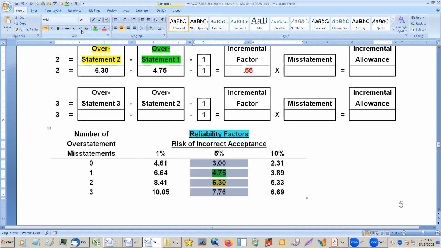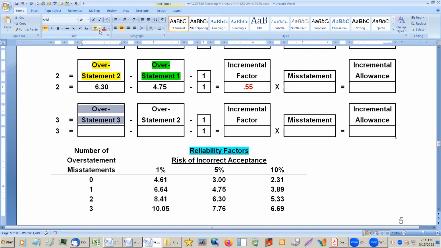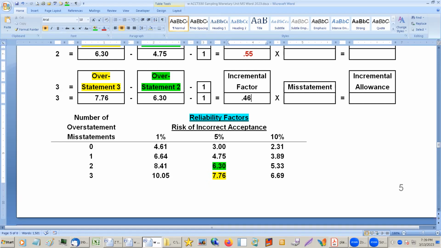And you can kind of see where this is going. For overstatement 3, minus overstatement 2, equals .46. So this is how we calculate the incremental factor.